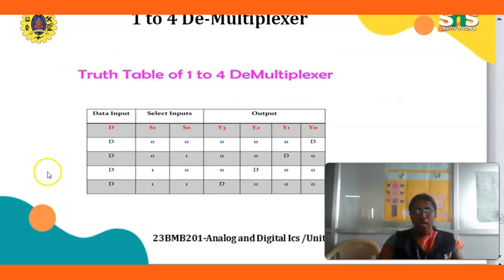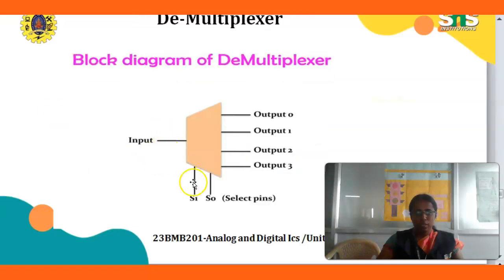And for S1, S0 equal to 0, 1, the input goes directly to Y1, output 1.